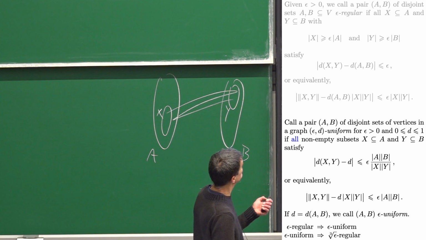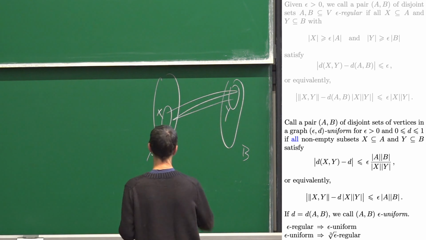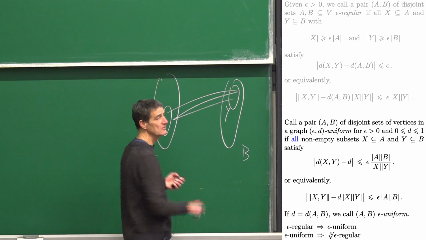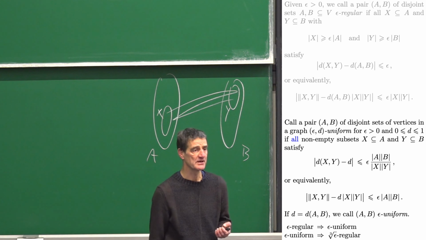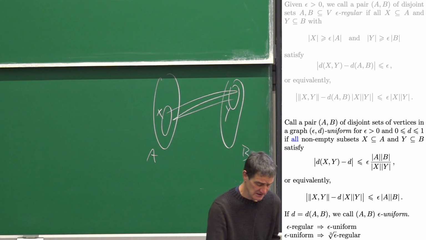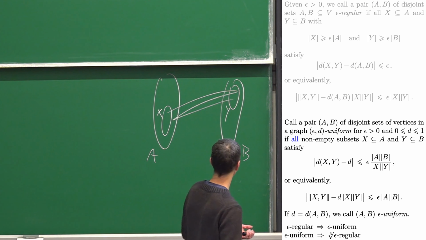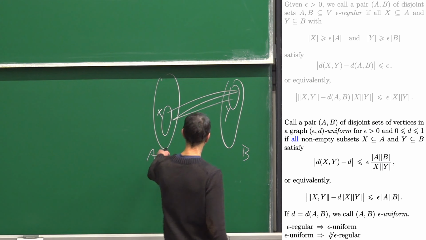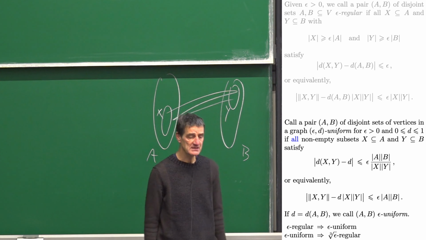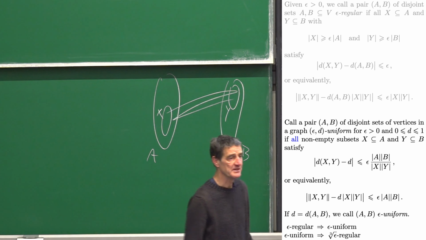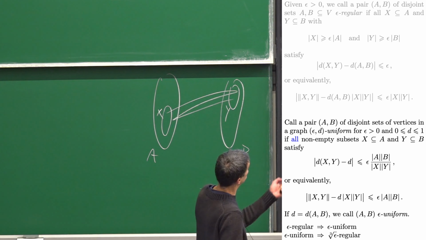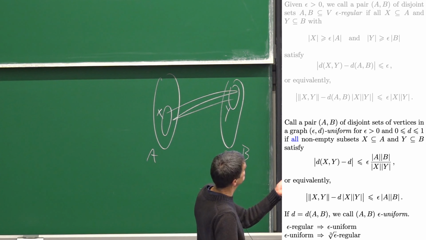This is now required of all subsets X and Y. So no longer of sets X and Y that have a certain minimum size, like epsilon order A or epsilon order B. Even smaller subsets X and Y have to satisfy this now, but what they have to satisfy is a little weaker.